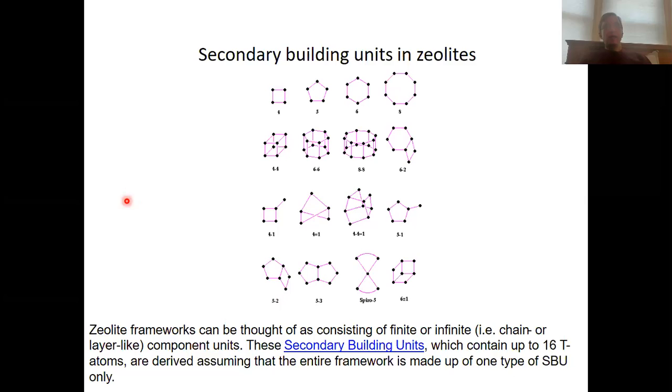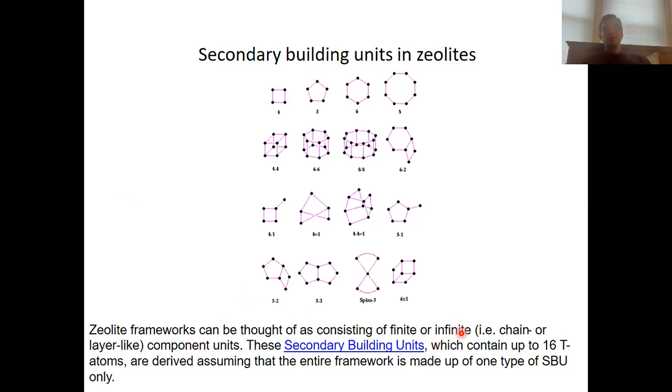All right. So we can describe zeolites in terms of secondary building units, whereby a secondary building unit is defined as a finite or infinite, that means chain or layered-like, component unit that fully describes the zeolite.